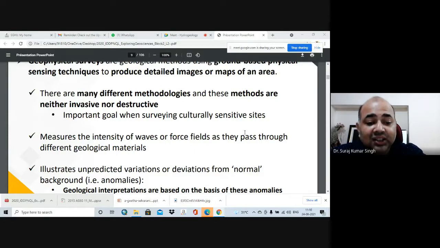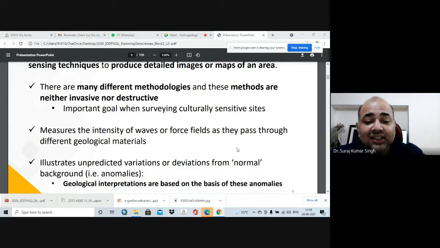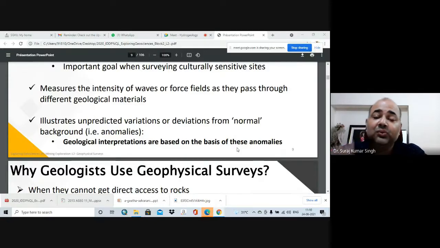For that you have to present the entire scientific content, involving the people of that area in order to have a better understanding of that area, and finally identify the geological interpretation on the basis of these anomalies. Many times when you go into the field, if you are not connecting with the local people, they won't allow you to survey that portion of the earth you were interested in.